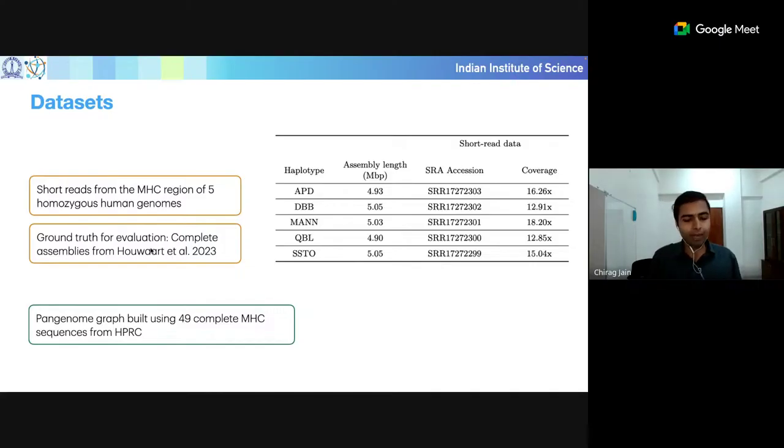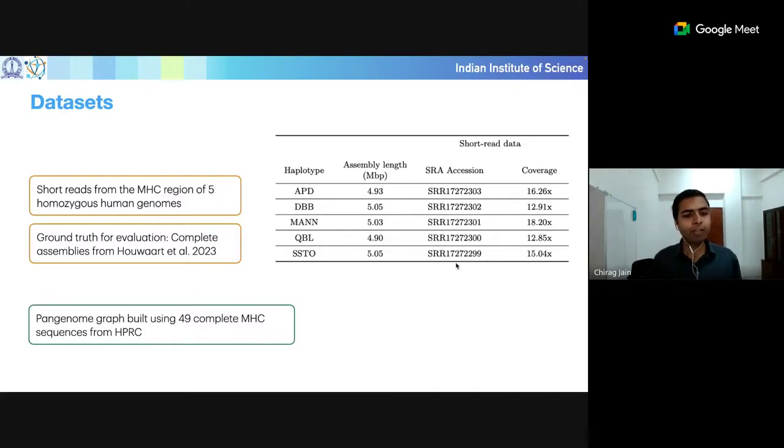When we infer the path and genotype a path in the pangenome graph, we can compare it with the assembled sequence from long reads and see how well it matches the complete assembled sequences. The second column shows you the length of these assembled sequences, and you can see roughly these are 5 million base pairs long. And this is the statistic of the short read data that we are using. These are the coverages of the short read datasets that are available publicly.